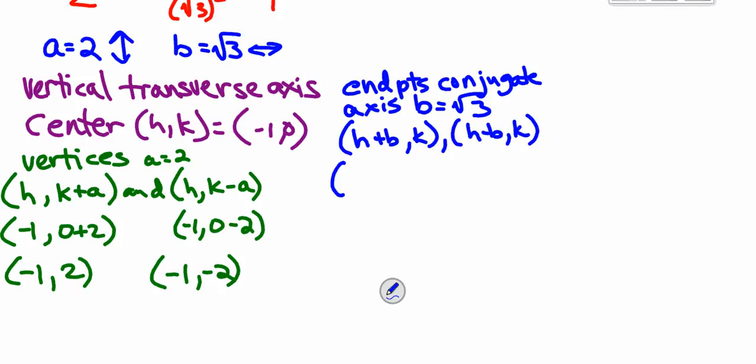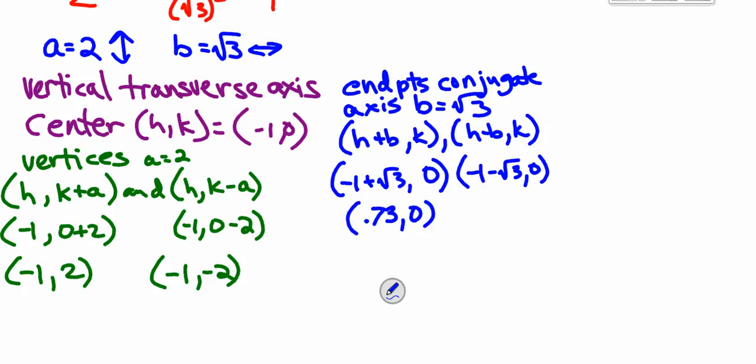That'll be h, which is -1, plus the square root of 3 comma 0, and -1 minus the square root of 3 comma 0. On a calculator, -1 plus the square root of 3 is approximately 0.73 comma 0, so we can plot that point. And -1 minus the square root of 3 comma 0 would be at about -2.73 comma 0.